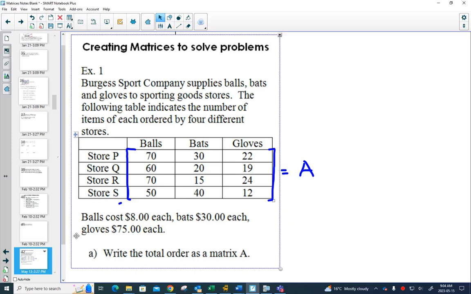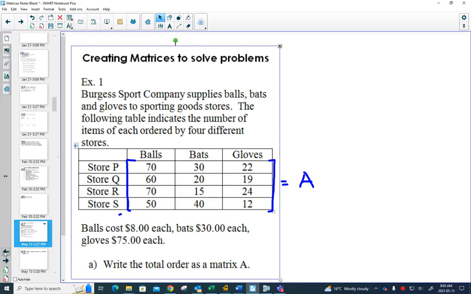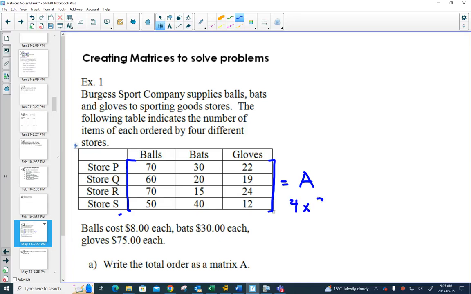That's the total order as matrix A. Write the cost per item as a column matrix. Now, before we get too far, because I wrote equals A there, I'm going to notice that it is 4 rows by 3 columns.